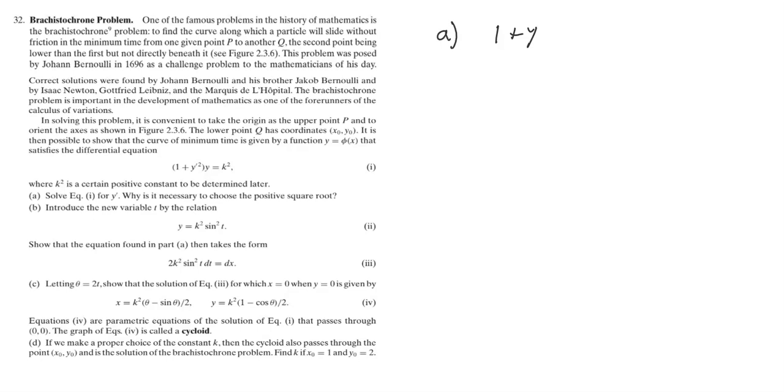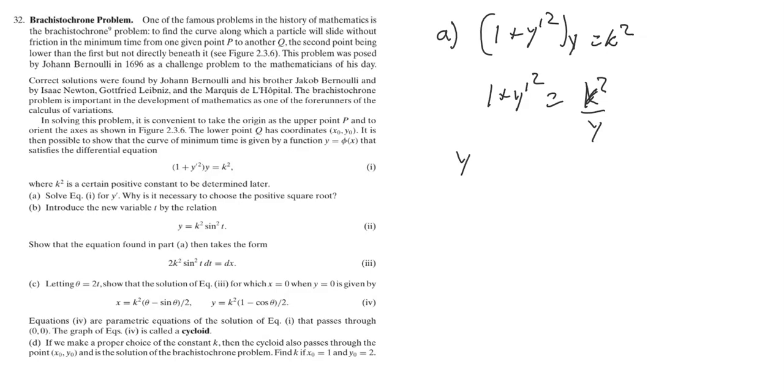So 1 plus y prime squared times y equals k squared. And that's going to simplify down to 1 plus y prime squared equals k squared over y.